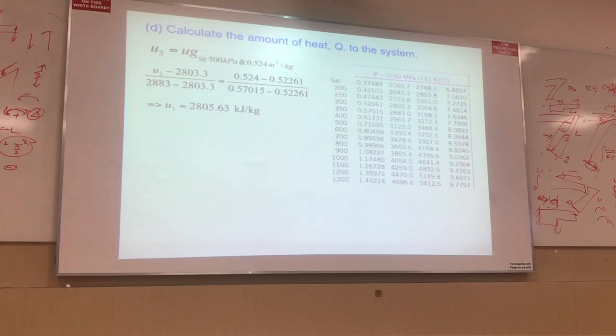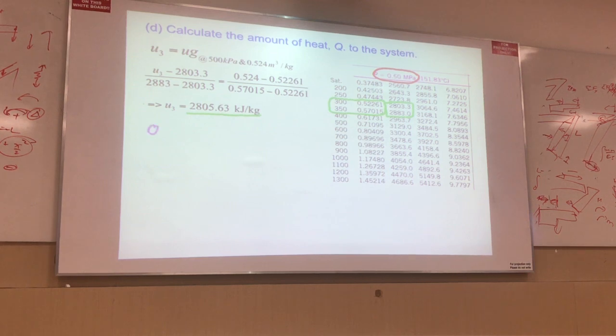Calculate the heat, Q. So U1 you calculated before, right? Now U3 we can calculate with respect to this pressure and specific volume 0.524, right? 0.524 is found between here. Okay? Then I can find U3 here. This is U3. Then finally you can write, you remember, right?